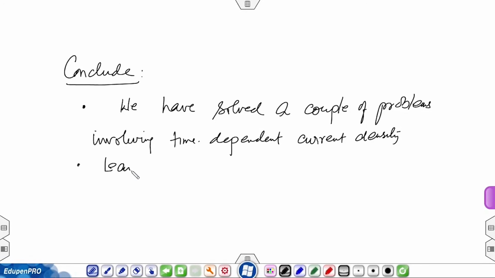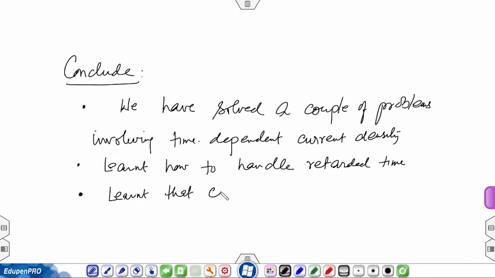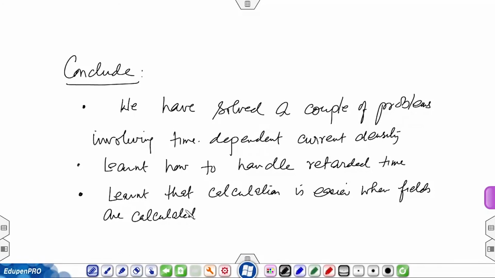We learned how to handle retarded time, and also learned that calculation is easier when fields are calculated by obtaining potentials first.